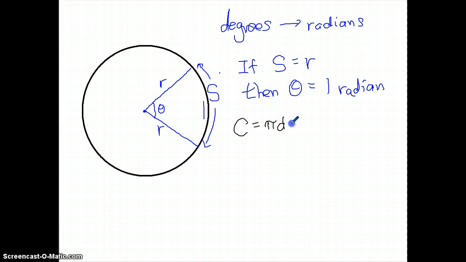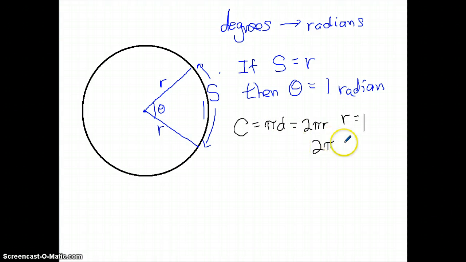Of course, what's the diameter? The diameter is 2 times the radius. So the circumference is 2 times pi times r. But let's remember, if it's a unit circle, then r is equal to 1. So the circumference is going to be 2 pi.